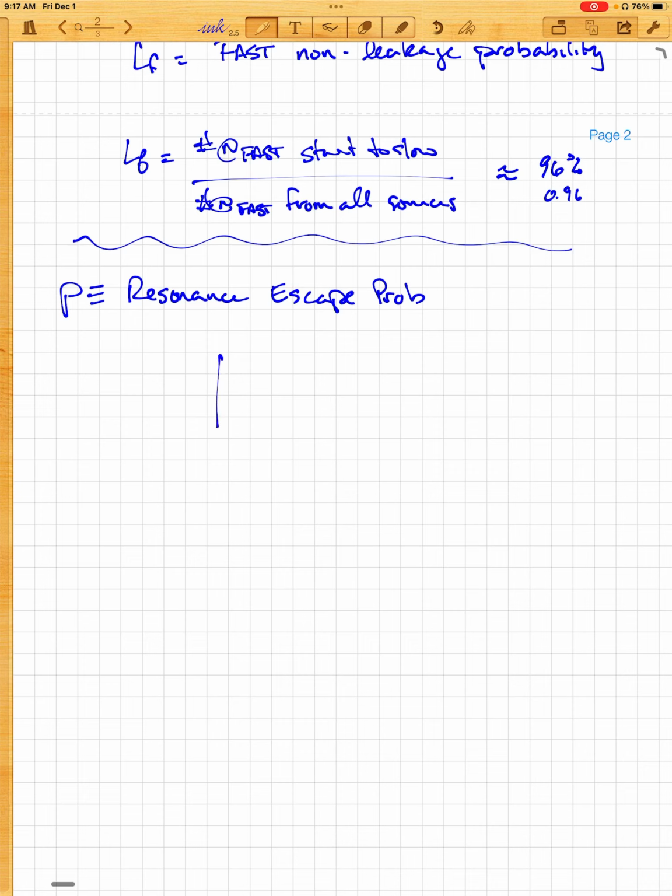So do you guys remember this graph? Boy, what's that thing, man? That's an average microscopic cross-section for absorption, right? And this was neutron energy. And fast is going to be over here, right?